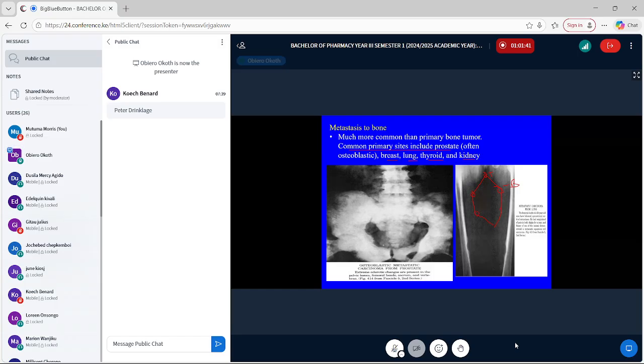Here you have the kidney. And here you have the prostate. Also remember the lung at the center. So these are the ones that extremely like going to the bone. Metastatic lesions to the bone are much more common than primary bone tumors.